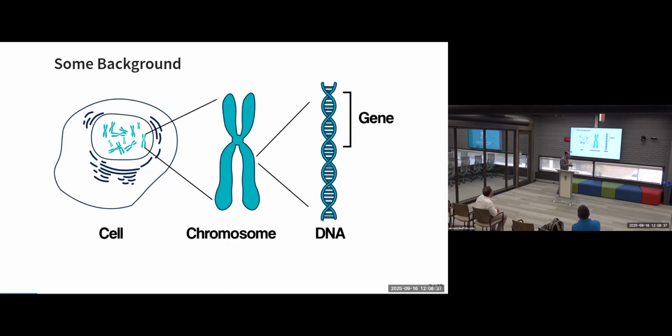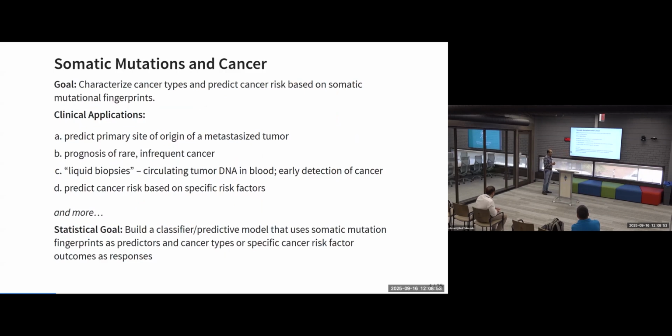The premise of my talk is that a large and growing body of research has evidence that specific somatic mutations are strongly related with cancer. Specific areas on the chromosome that get mutated are strongly associated with different types of cancer.